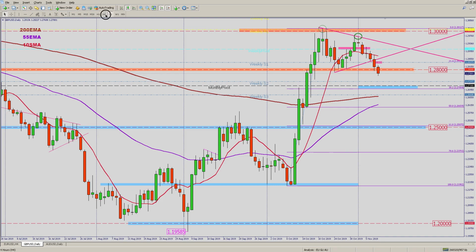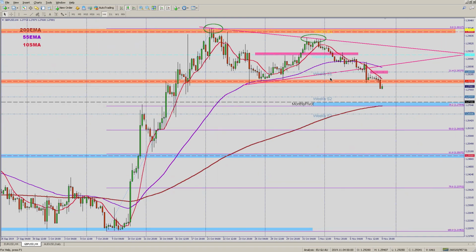Let's take a look at the 4-hour time frame. And after falling out of the triangle, this is where the weekly pivot is. We can probably remove that for now. The intermediate support has been broken, and we could probably just remove this for now and just look at this 128 as the key resistance now, and the support zone is going to be at the 127.00.